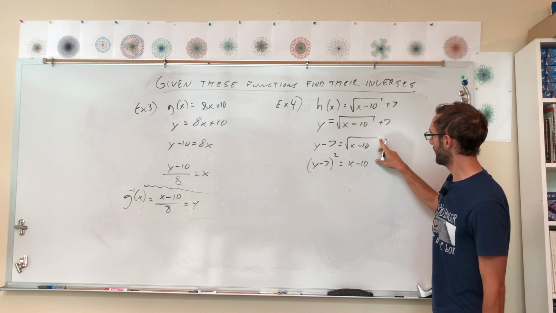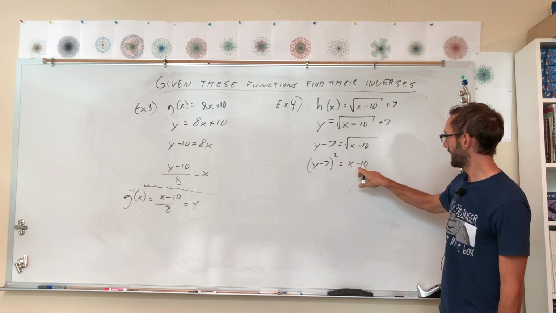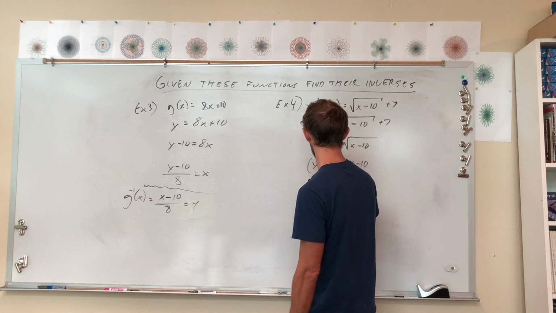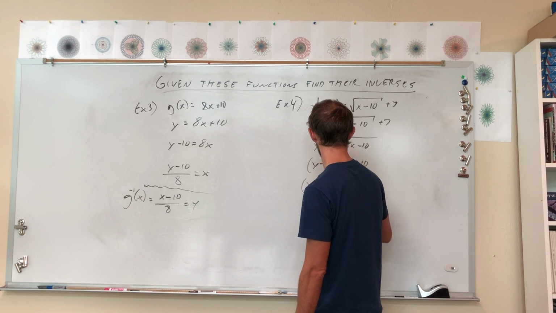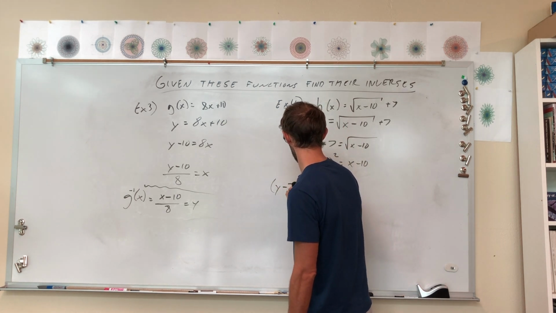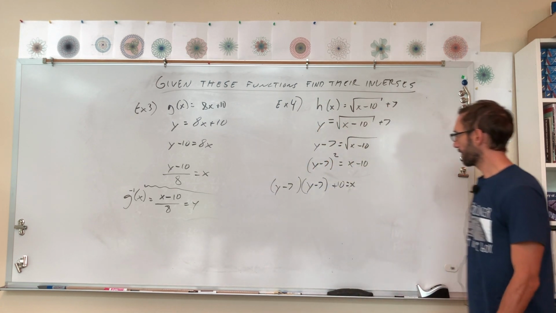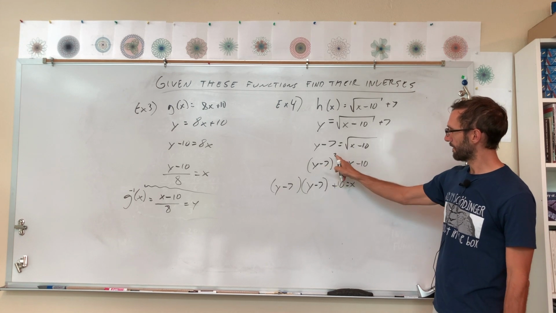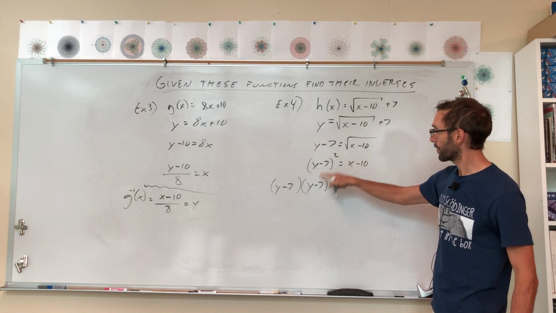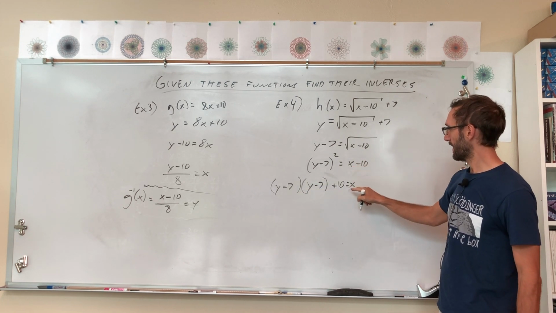Okay, so we squared this side to get rid of the square root. That cleared this up. And then we're going to add 10. Great. All right, so something I want you to notice is I rewrote this as y minus 7 squared times itself, and then I added 10, and that got x by itself, which is good.